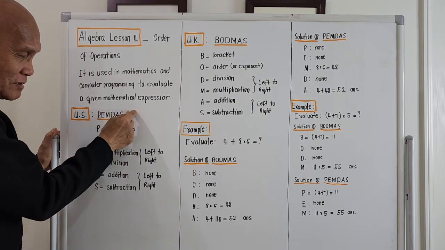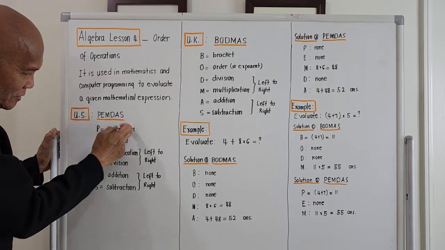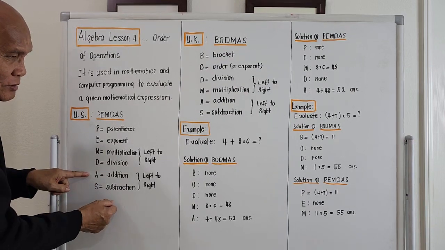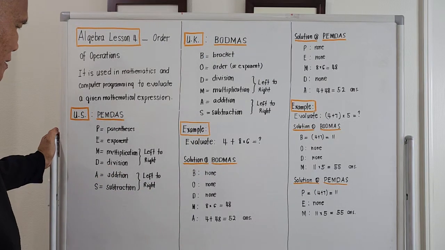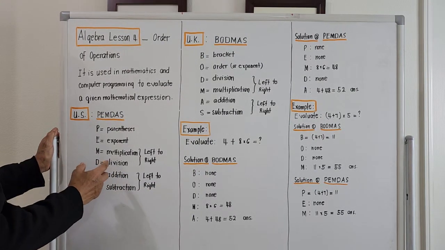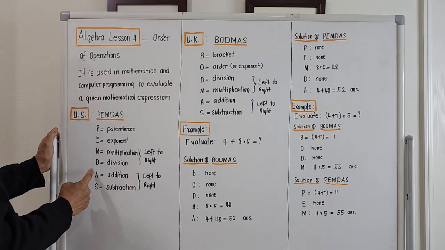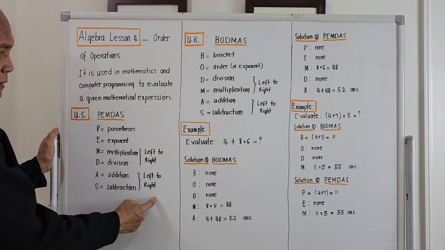So under PEMDAS, we brought out six already: parentheses, exponent, multiplication, division, addition, and subtraction. The proper way to evaluate multiplication and division is from left to right, and for addition and subtraction, also from left to right.